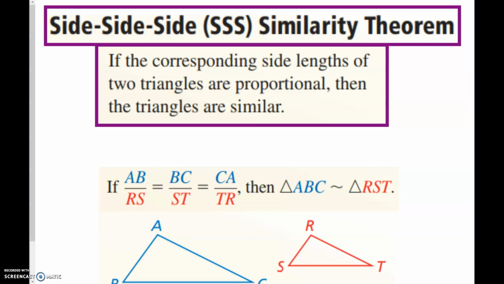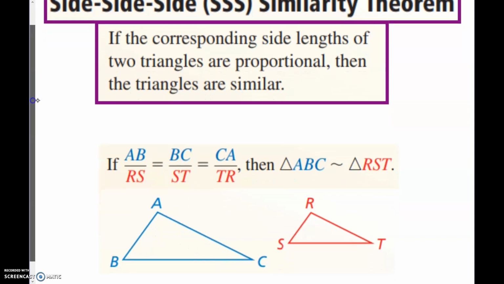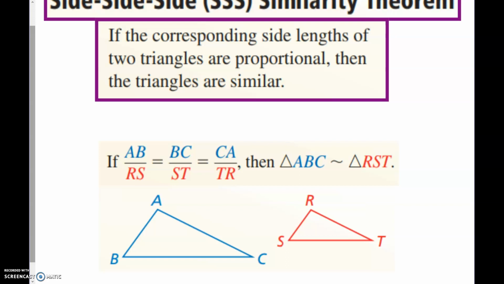If we have two triangles here, like we look down in the bottom in the blue and the red, and we know that the corresponding sides, like AB and RS, have the same scale factor as AC and RT, and then they have the same scale factor as BC and ST. So they all have the same scale factor to show the sides are proportional.